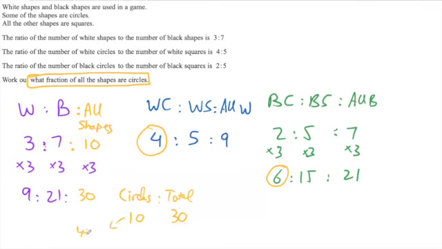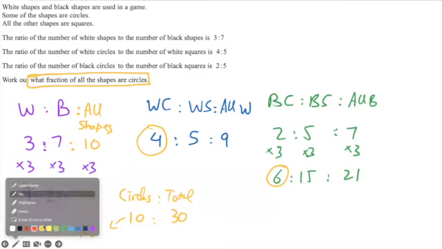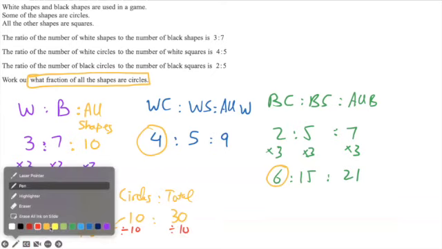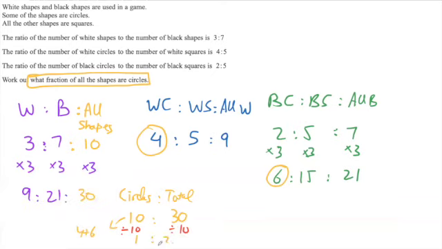Okay, so let's simplify this fraction. Let's divide both numbers by 10. We get 1:3. And because the question is asking us to find the fraction and not the ratio, let's turn this into a fraction by writing 1/3.